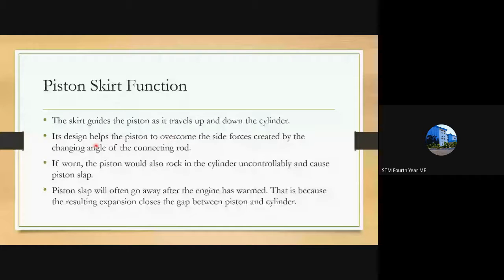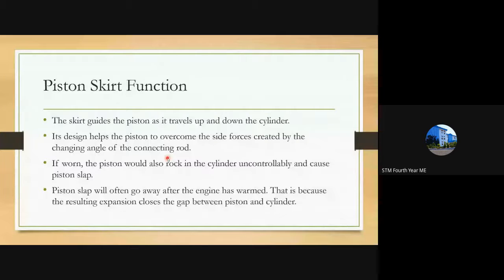Next, its design helps the piston to overcome side forces created by the changing angle of the connecting rod. The connecting rod never operates in a straight line, but always in a slanting motion. Due to the rotational motion at its big end, or the bottom end, the connecting rod always works at an angle.